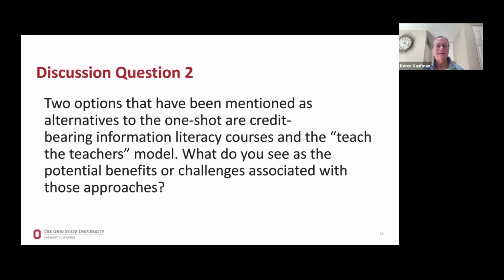What do you see as the potential benefits or challenges associated with these approaches, with the one-shot, credit bearing, teach the teachers? What are those benefits or challenges, particularly with the credit bearing, teach the teachers, and then maybe the guest lecture idea? So which of our panelists would like to get us started?